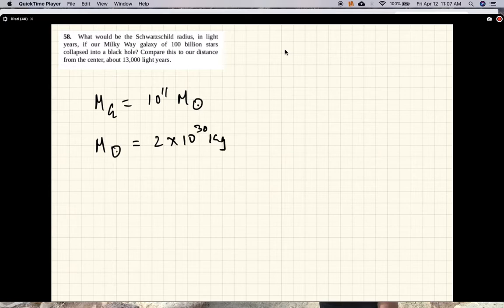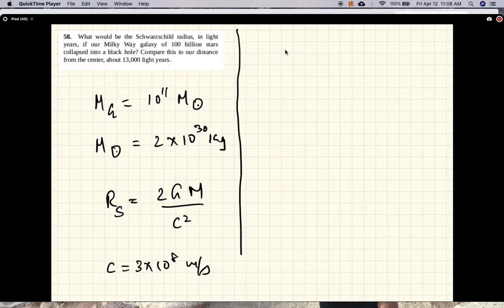Okay. And the Schwarzschild radius is given by 2GM by c squared, where c is the speed of light, and so c is 3 times 10 to the 8 meters per second. Alright, so this radius will come out in meters, and then we'll convert that to light years.